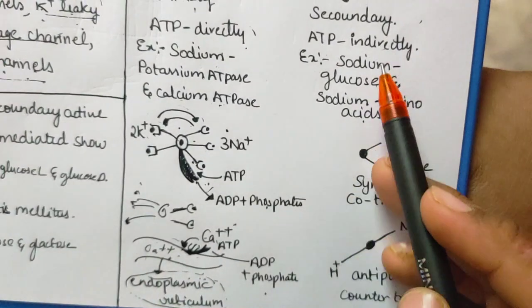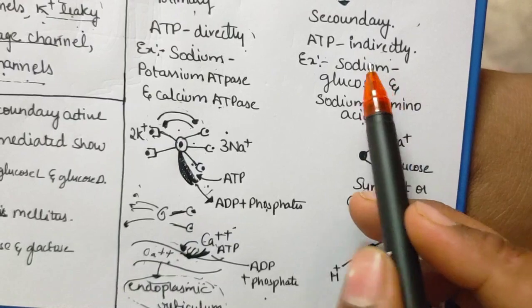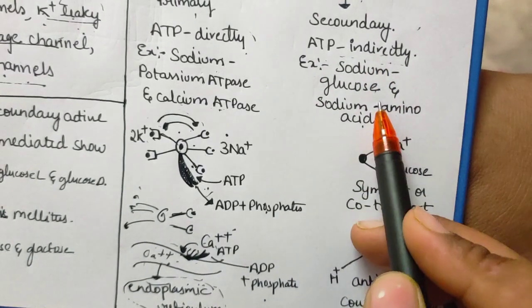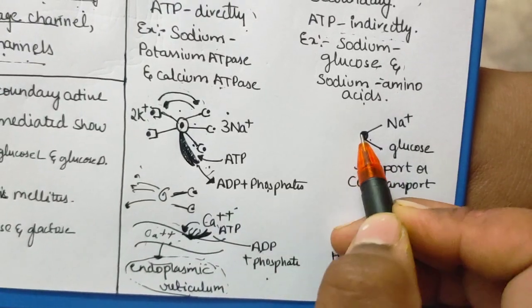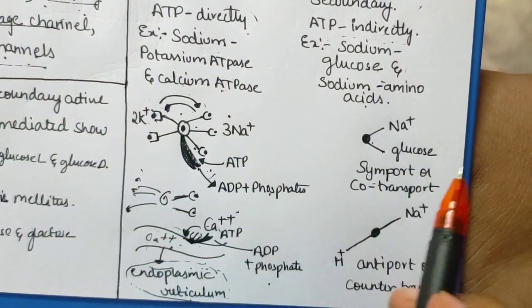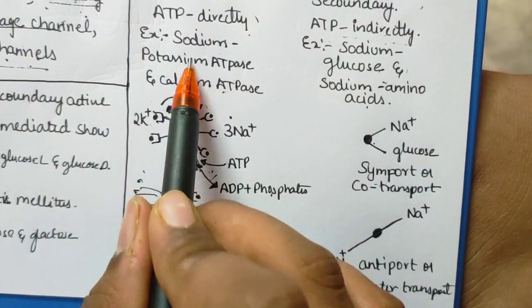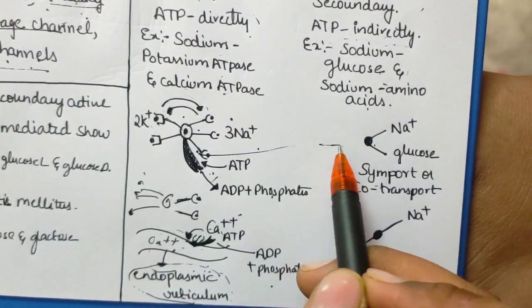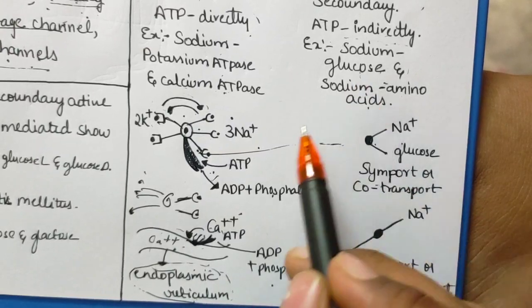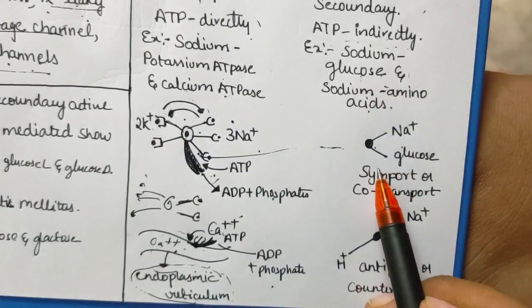Next is secondary active transport. ATP is used indirectly. So we saw sodium and glucose is like this. It will use the energy from sodium potassium ATPase. It will take ATP from here to here, and it will use it. So it is using ATP or energy indirectly.